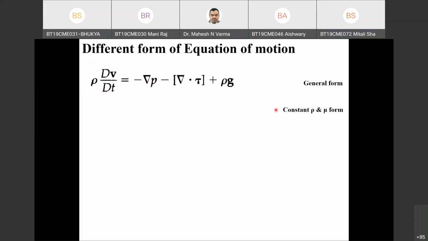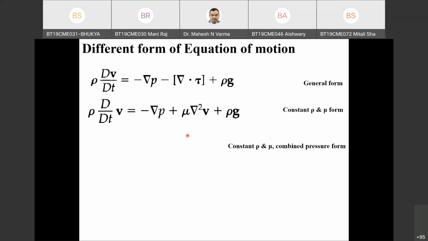Similarly, for constant density and viscosity, there will be a change in the equation. For a constant viscosity system, this will be the Navier-Stokes equation. Then for constant density and viscosity, I can combine the pressure with the gravitational force to get the combined pressure form.